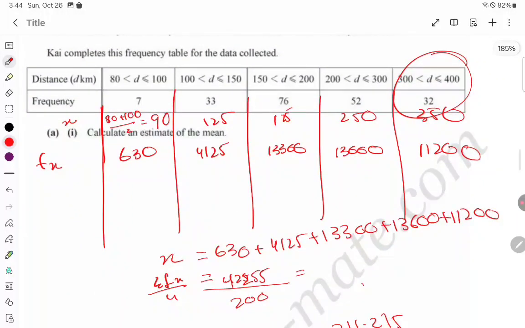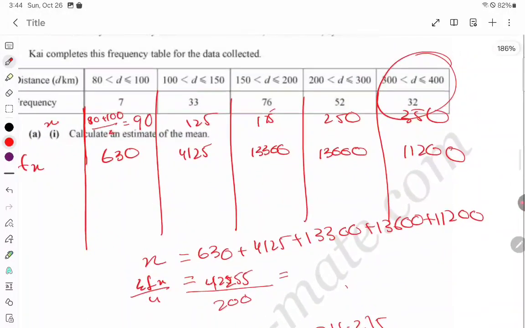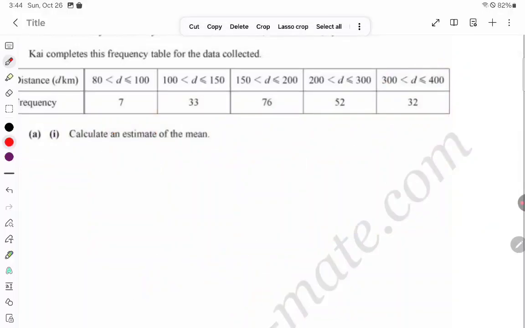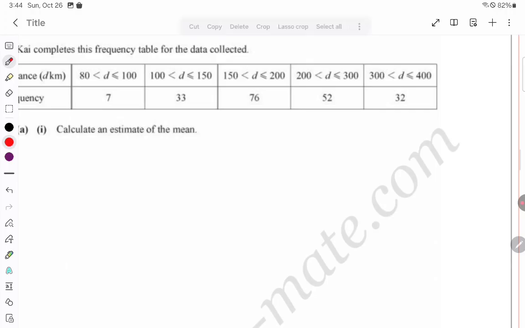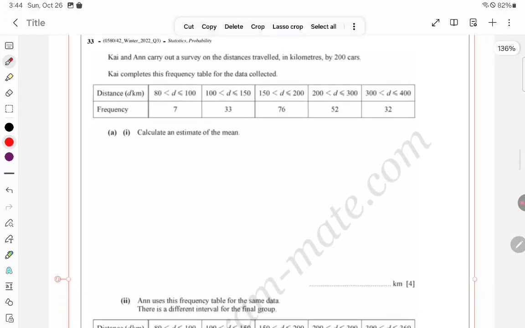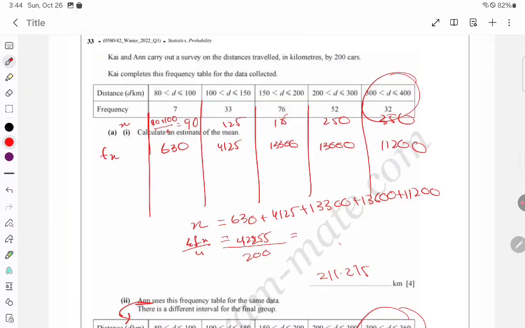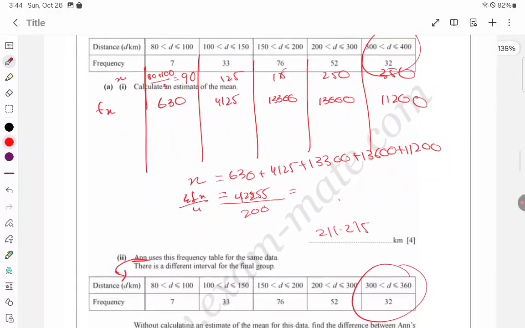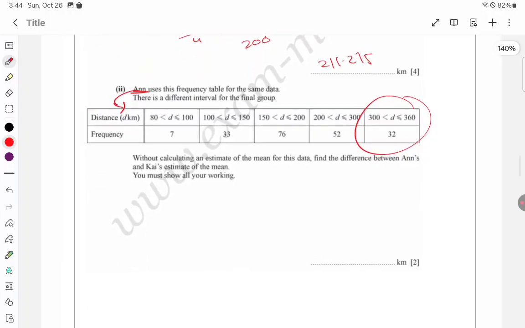So it will become 40. The 40 plus 30, 400 plus 300 divided by 2 to get our chi value.